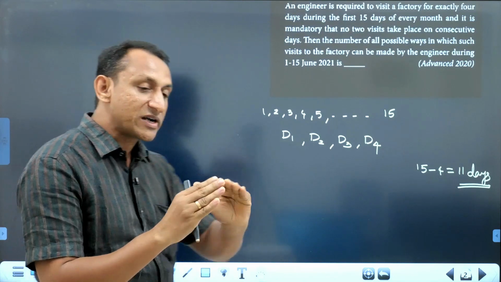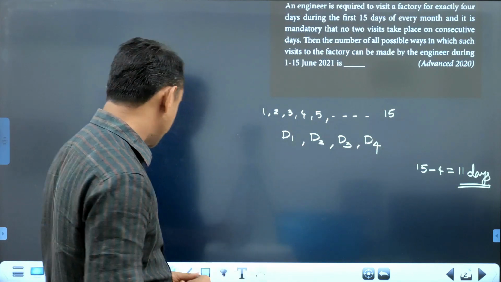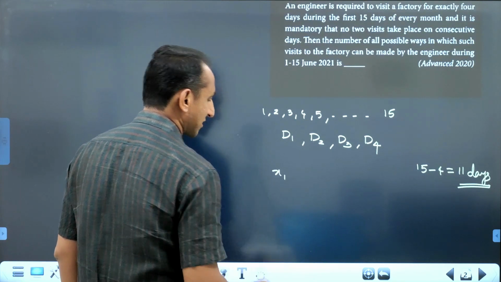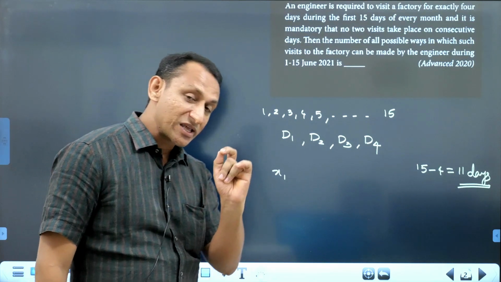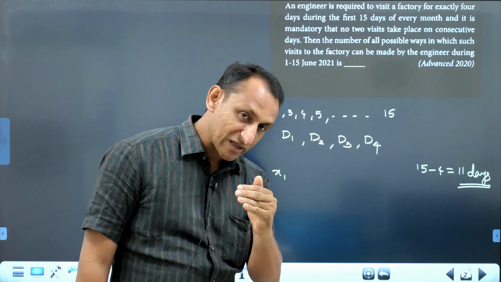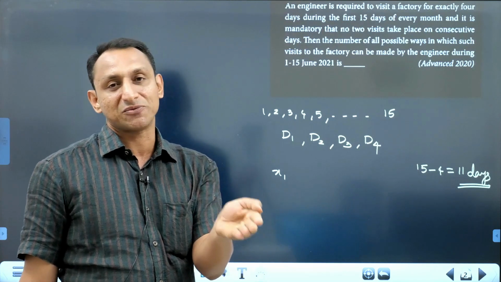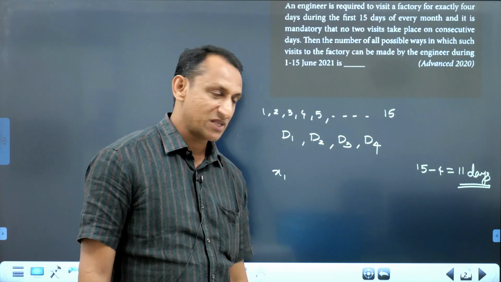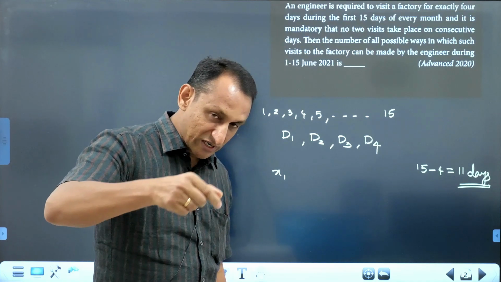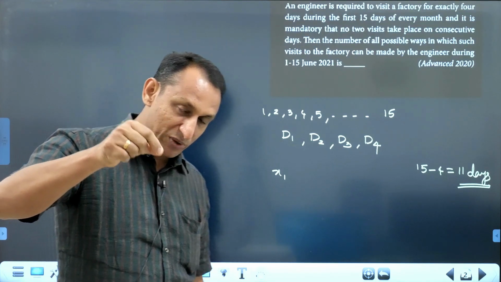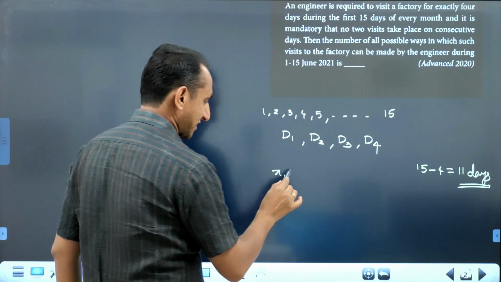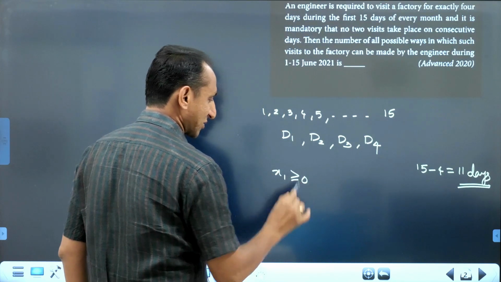These 11 days I divide into x1, x2 and so on. What is x1? x1 is the number of days before the first visit D1. So x1 is greater than or equal to 0.